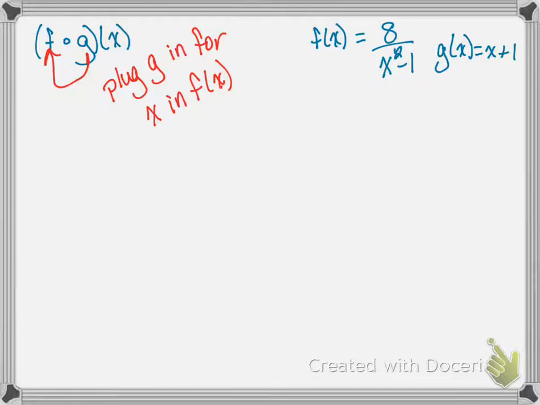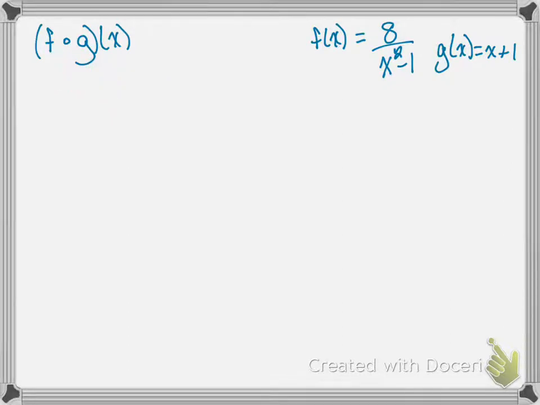So I'm going to take x plus 1, and I'm going to put it in for that x right here. Now, you may be a little worried because we're in the denominator, but don't be worried about that one.